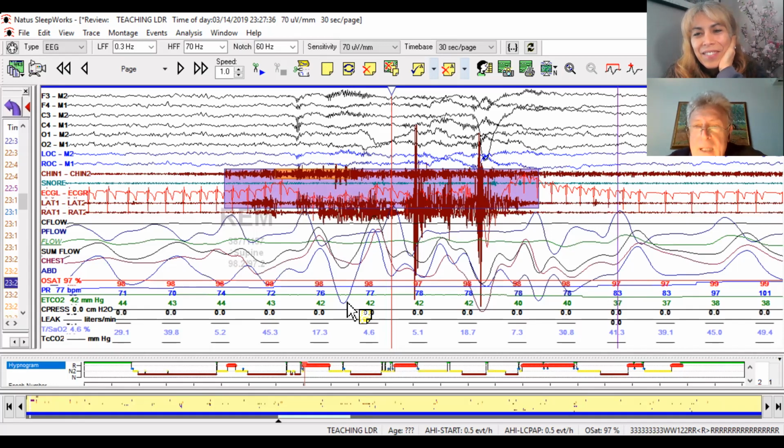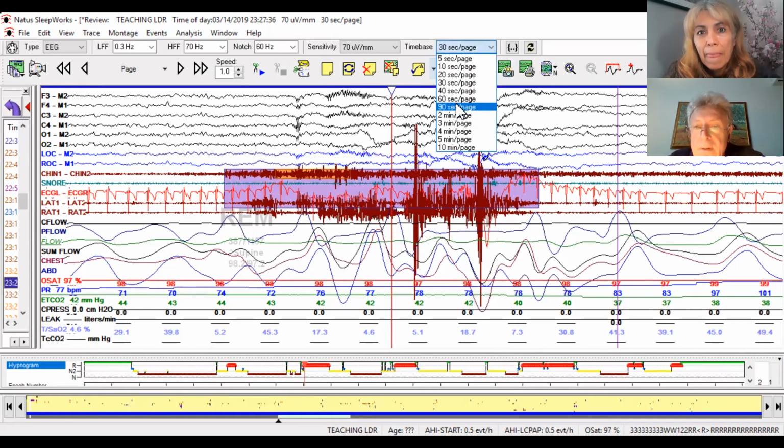Anyway, this certainly belongs to the REM without atonia field, especially if you have a behavioral episode during RBD, this is what it looks like often. So it has to be considered.